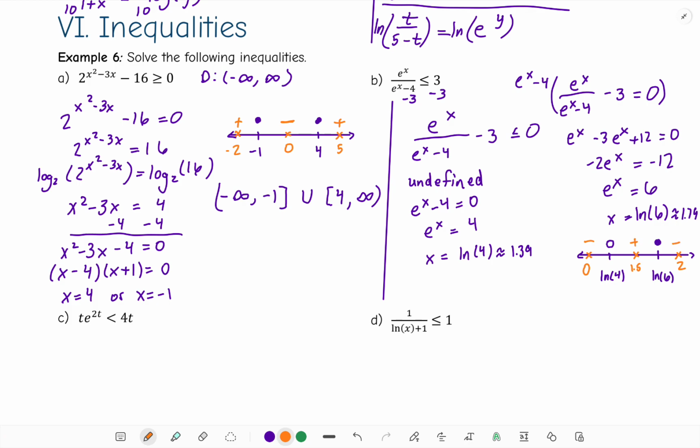So feel free to pause the video if you want to double check those real quick. And then since our inequality is less than or equal to, we're looking for the negative. So our answer is negative infinity to the ln of 4, parenthesis, because it was an open circle, union, bracket, ln of 6 to infinity.